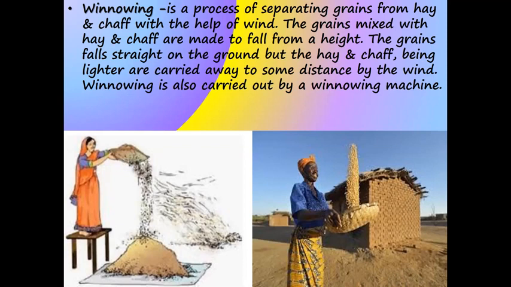The grains fall straight on the ground, being heavier, but the hay and chaff, being lighter, are carried away to some distance by the wind. This is how the hay and chaff are separated from the grains. Winnowing is also carried out by a winnowing machine.